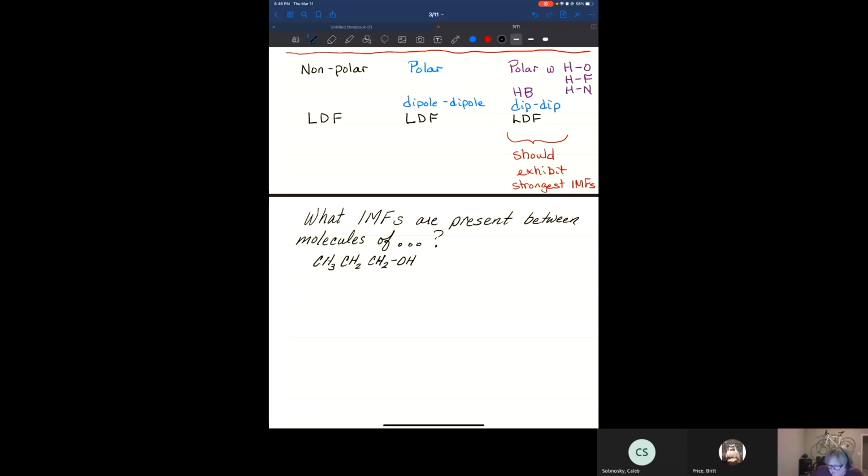This certainly looks a lot worse than any of the Lewis structures we've done so far, which maybe makes you think, oh my God, I can't do this. Yes, you can. And as I mentioned in lecture Wednesday, these are in many ways a lot easier to handle in terms of Lewis structures. This is what's called a semi-structural formula. It gives you hints as to how this molecule is put together.